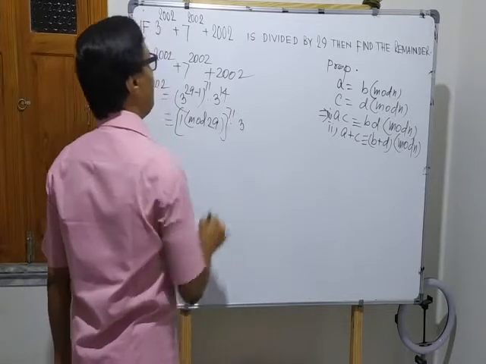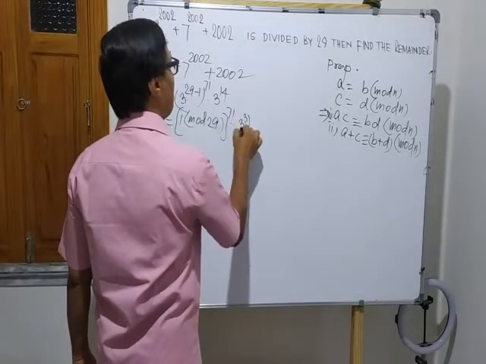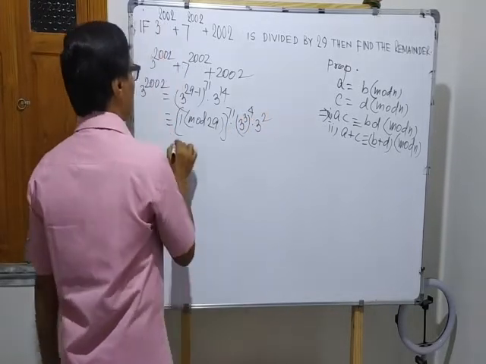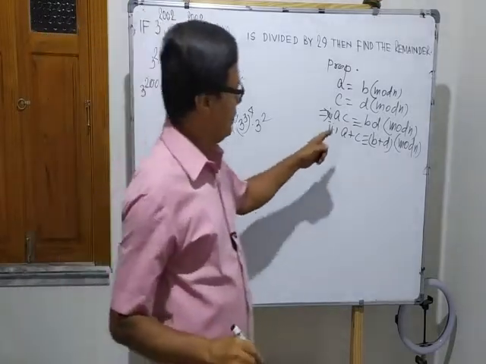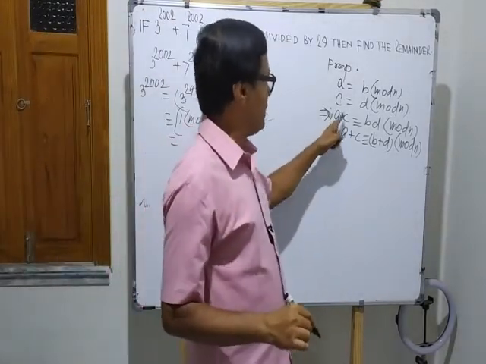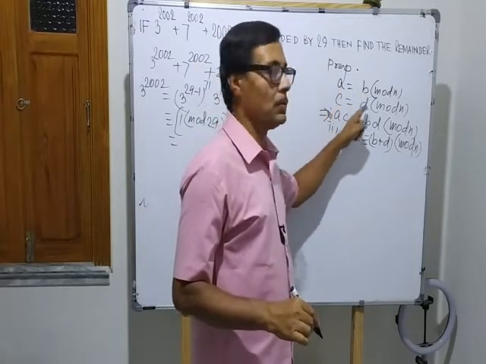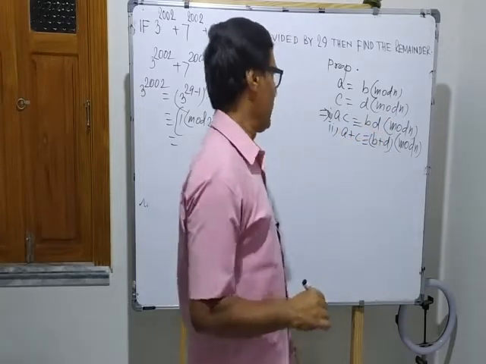We already know the property that if a is congruent to b modulo n and c is congruent to d modulo n, then ac is congruent to bd modulo n.